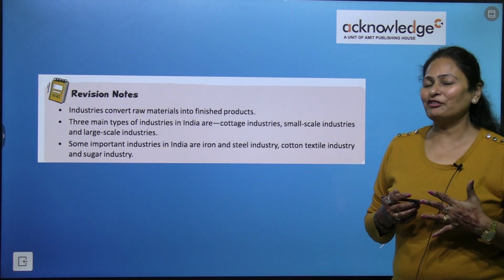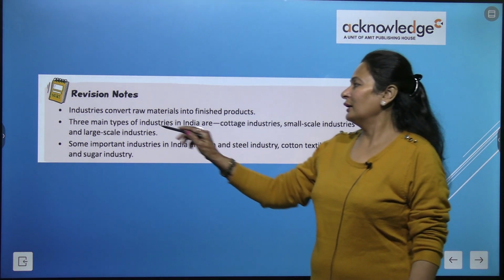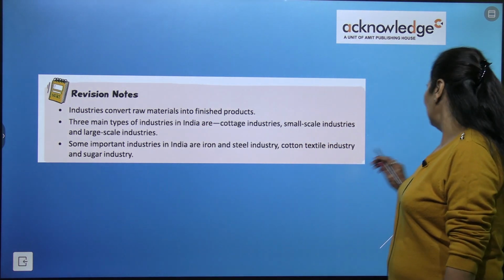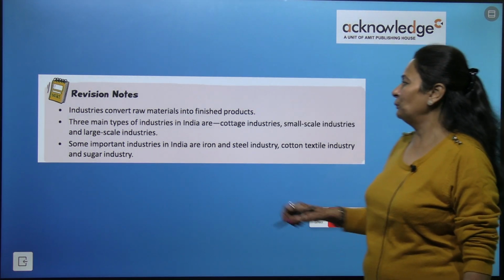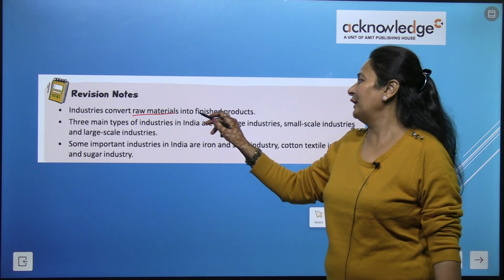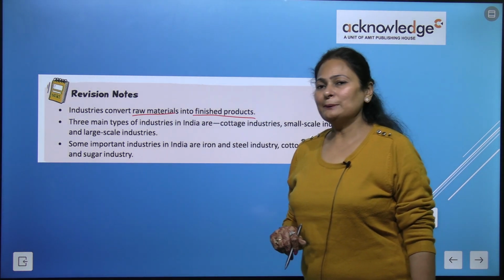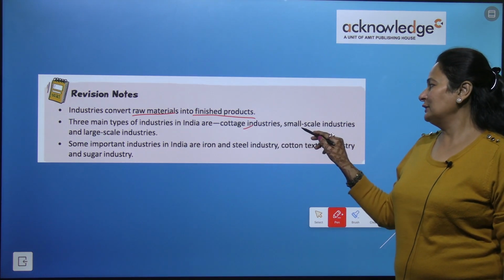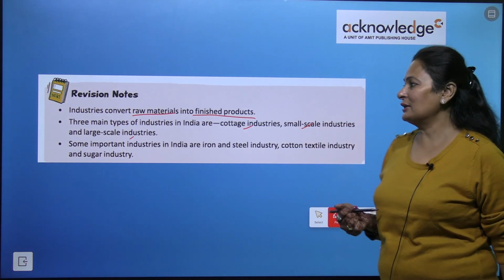What is the role of industry and why is it being established? It converts the raw materials into the finished product. Finished product means it is ready to sell in the market. Three main types of industries are cottage, small scale industries and large scale industries, right?